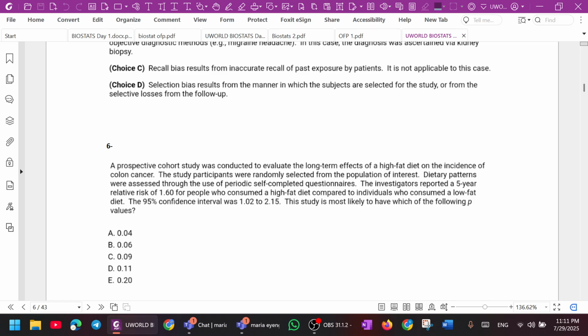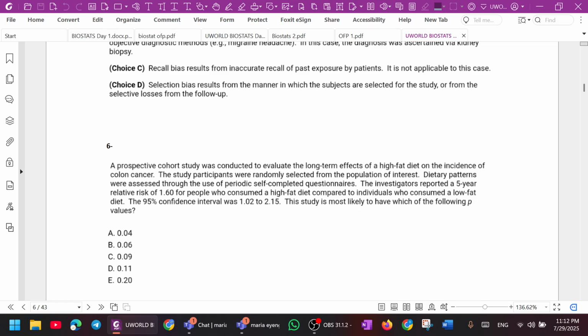Can you eliminate something? I am not getting any clue. Okay, it is a cohort study, so relative risk 1.60, and they have given the confidence interval.